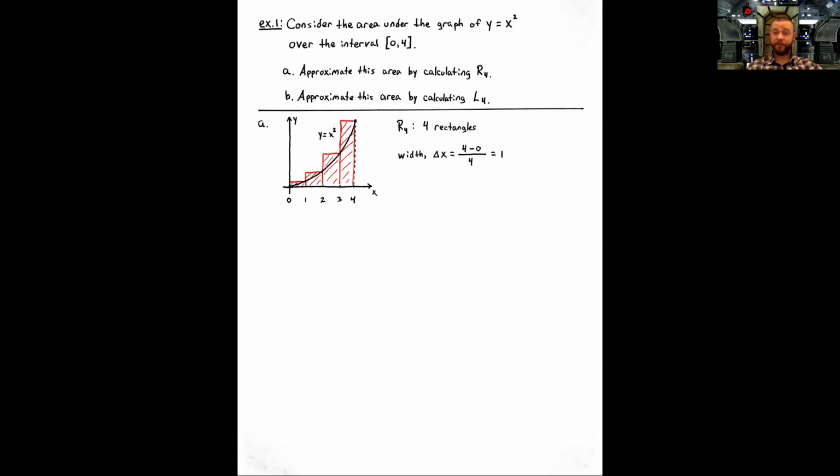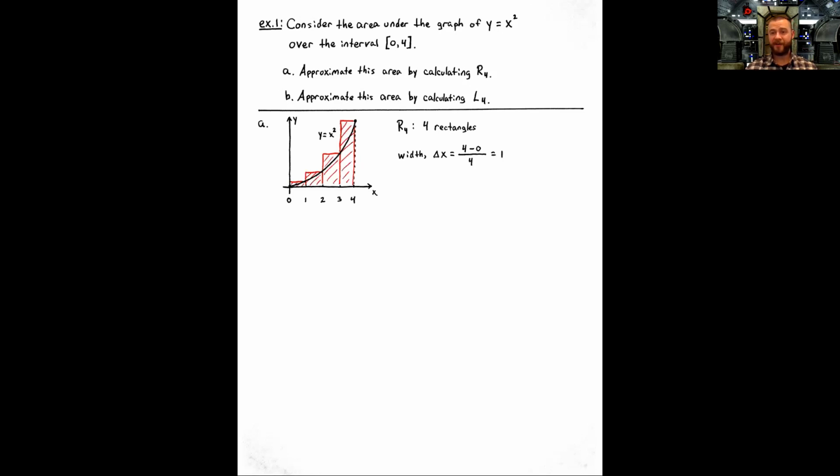If we split that interval from 0 to 4 into 4 pieces, the interval has total length 4. We divide by the number of rectangles that we're choosing, 4 for this example, and what we get is each rectangle has width 1. The width, delta x, is 4 minus 0, the length of the interval, divided by 4.